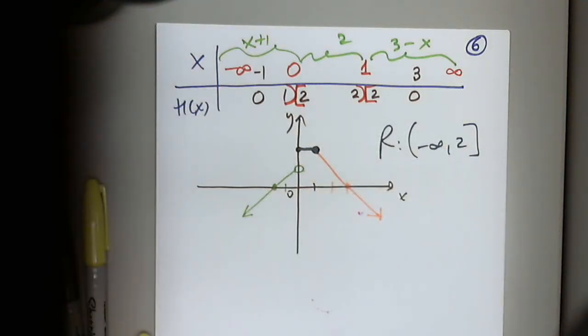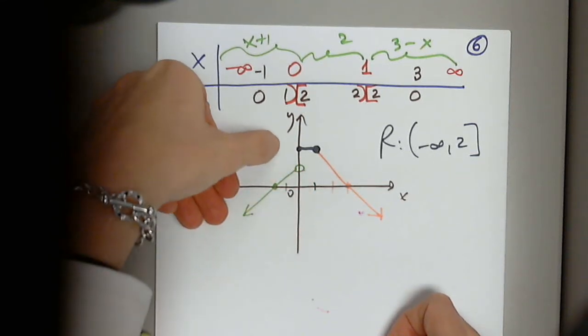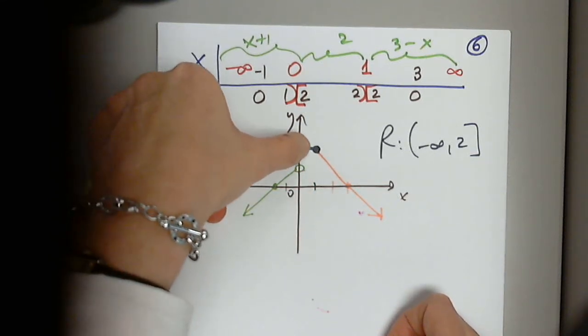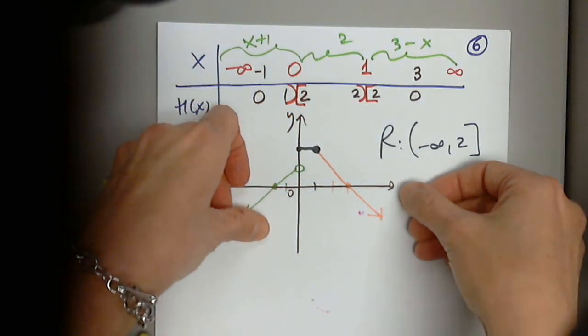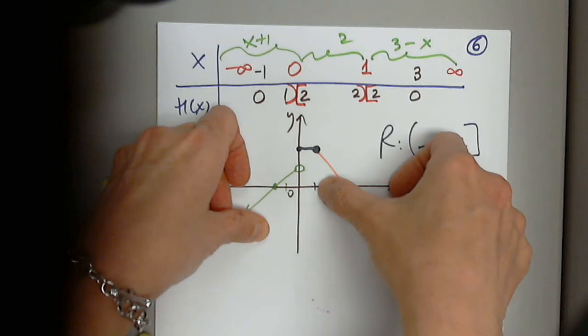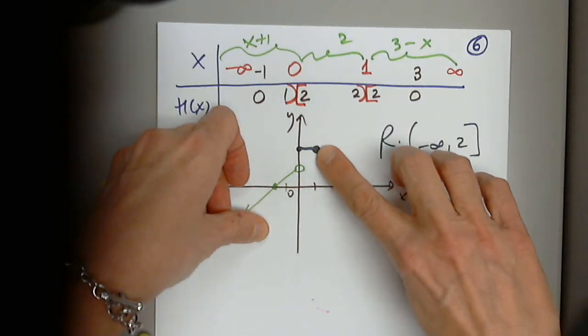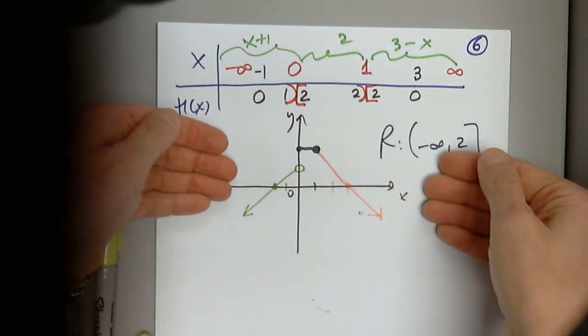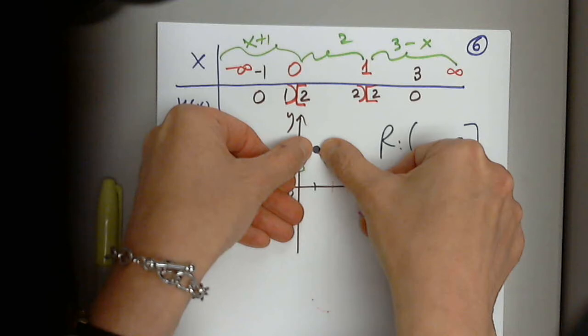We will say that the limit exists from either side. As x gets closer and closer to 1 from this side, the function values get closer and closer to 2. That's the 2 level. As x gets closer and closer to 1 from this side, again, the function values get closer and closer to 2. So from either side, the limit will be 2.